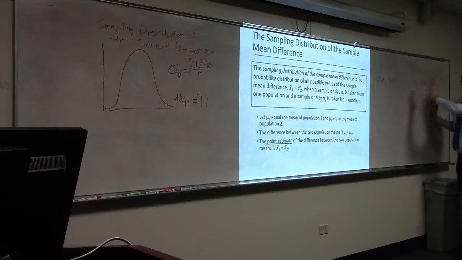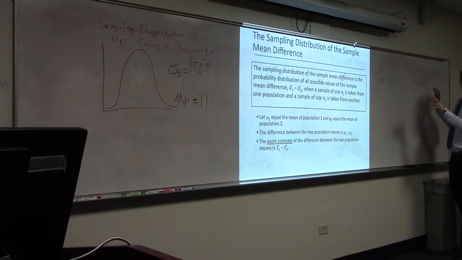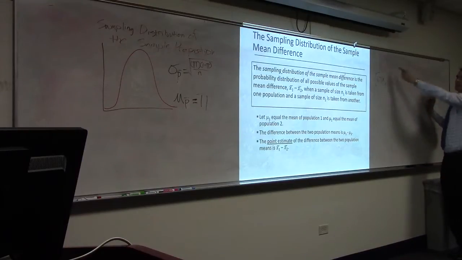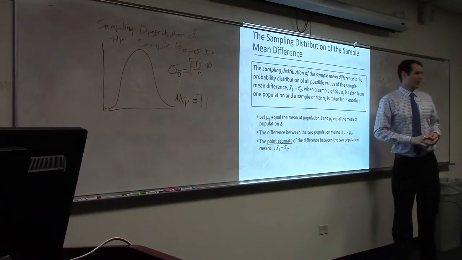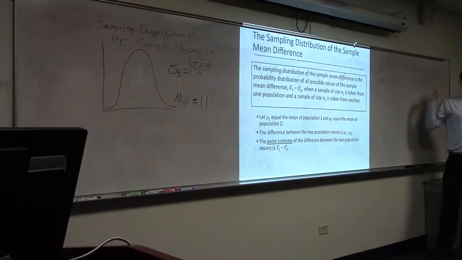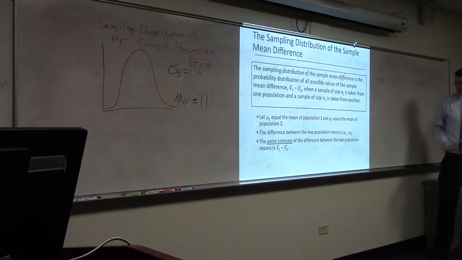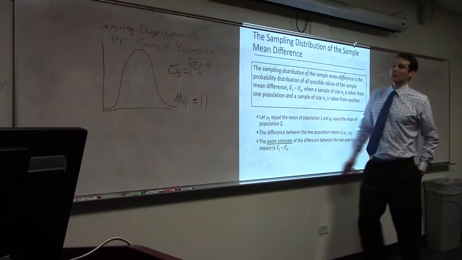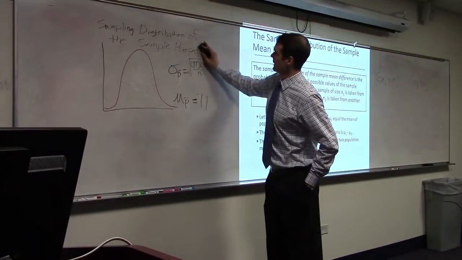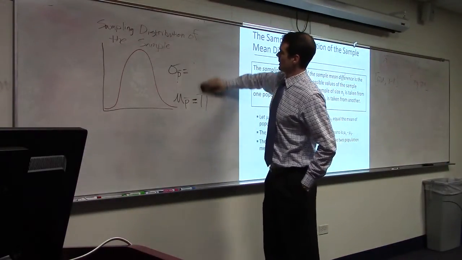But the point is you already have a tool to give you an idea of how you would estimate the mean difference, meaning the difference of this mean from this mean. What statisticians have done for us is they've given us some formulas to combine these two things, to be a little more precise in the way we calculate it. So with that, I'm going to go through the same thought process we've gone through in similar discussions.